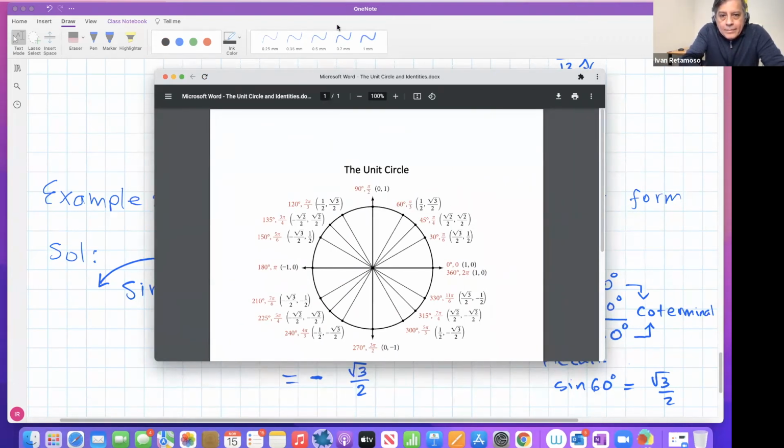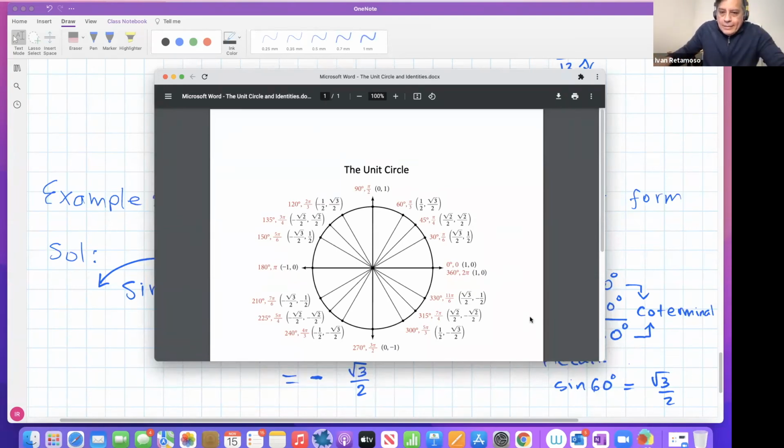Let me just put it there. So this sheet is going to be extremely important for us. Here is the link, right? Get it from there or print it out.